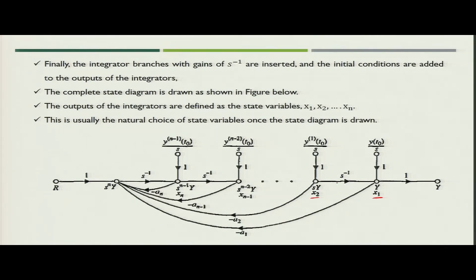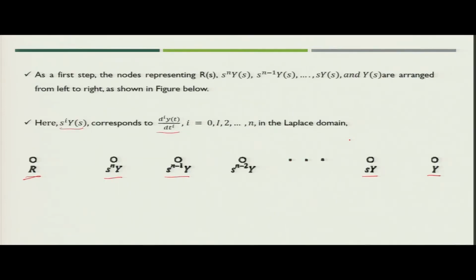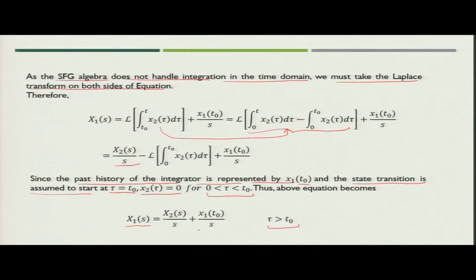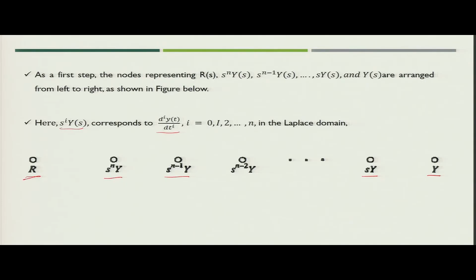How are you connecting? sY is connected with Y with s to the power n minus 1, plus the initial condition for Y, that is y(t0) by s. This is what you got from the equation which we just derived, because x1 is nothing but x2 by s plus x1(t0) by s. In our case x1(s) is Y, x2(s) is sY. So, what we will do?